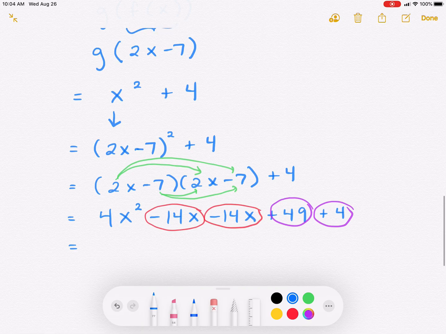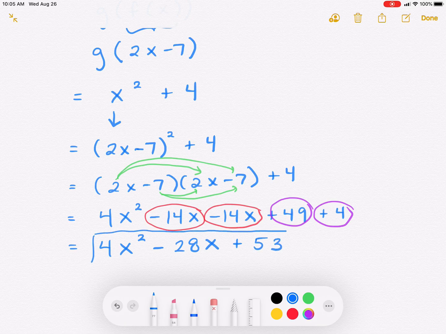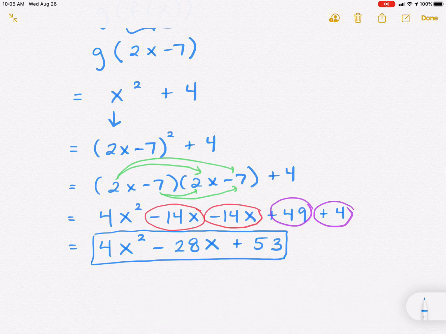So let's combine like terms. 4x squared, negative 14 and negative 14 make negative 28x, and 49 plus 4 is going to give me 53. Okay? And so that is my new function that has the f function plugged into g. And you can see that it does change the outcome of the answer by switching the order. Okay?